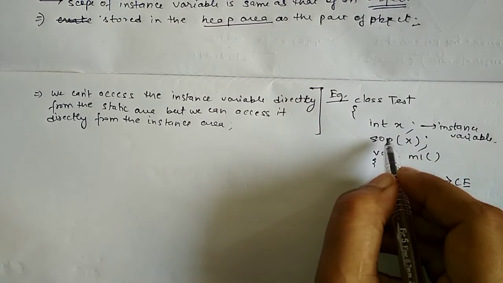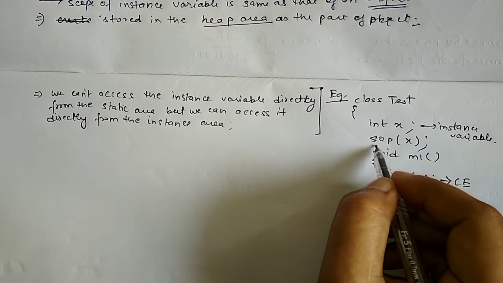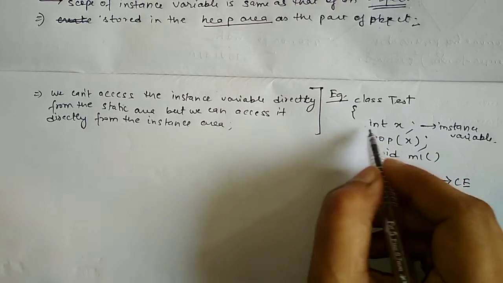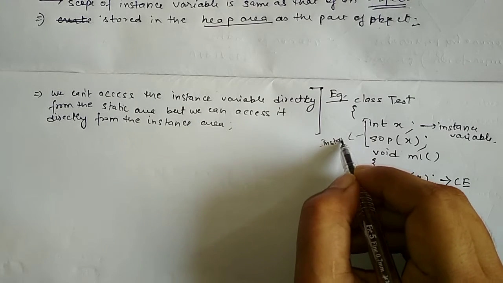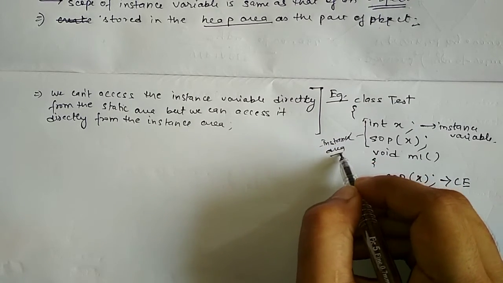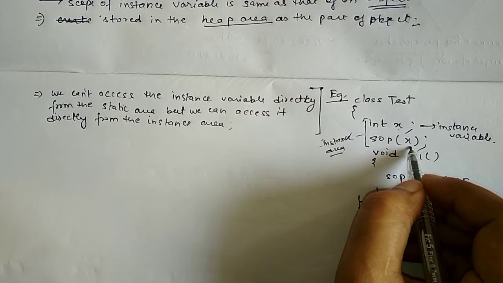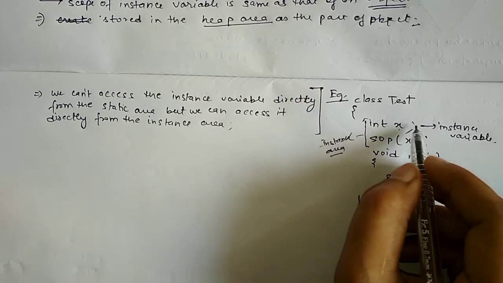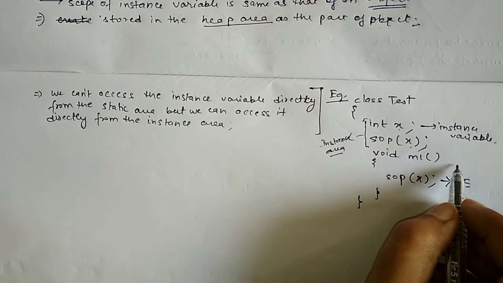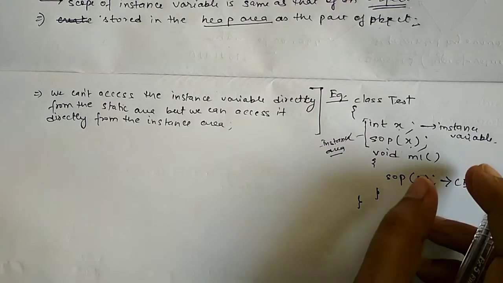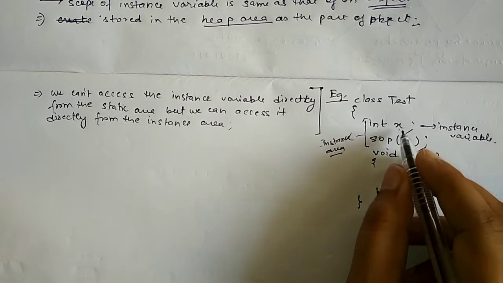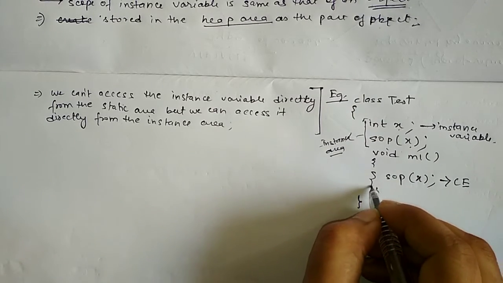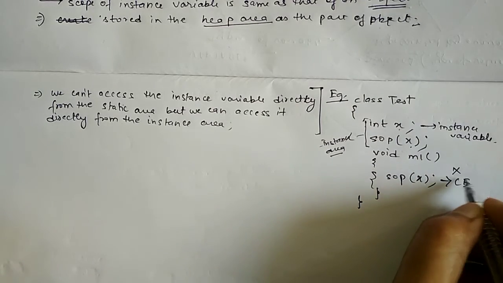This will give us a compile time error. As this is an instance variable, we can directly use it in this instance area, but inside any static block, constructor or method, we can't use it directly. Instead it will give us a compile time error.